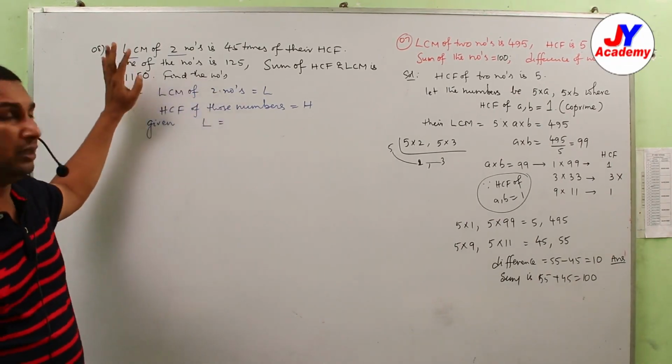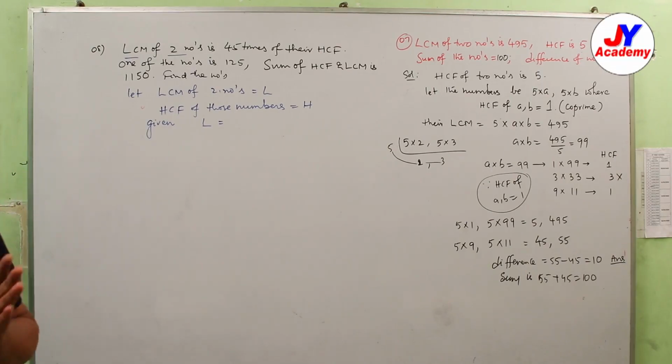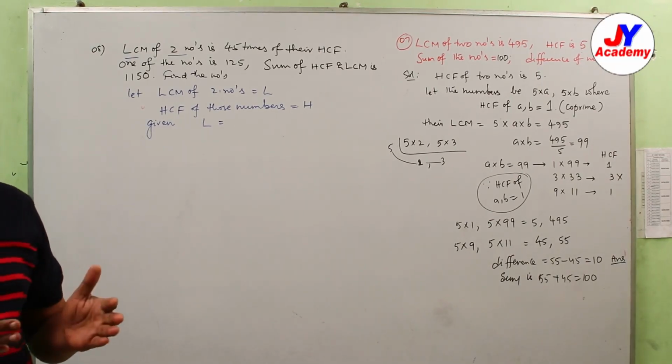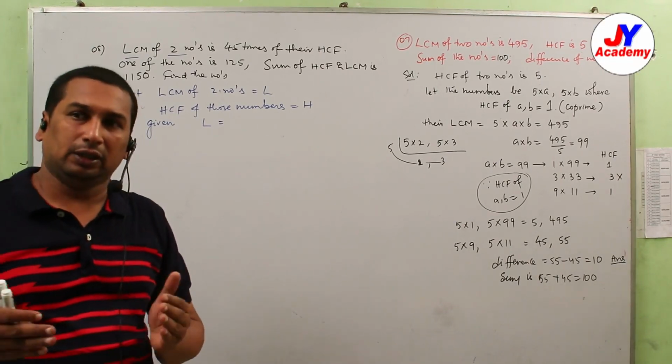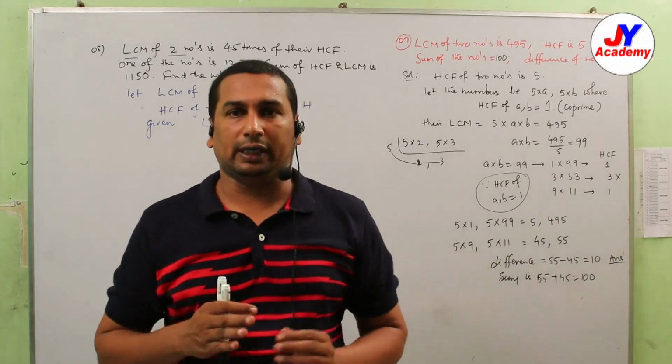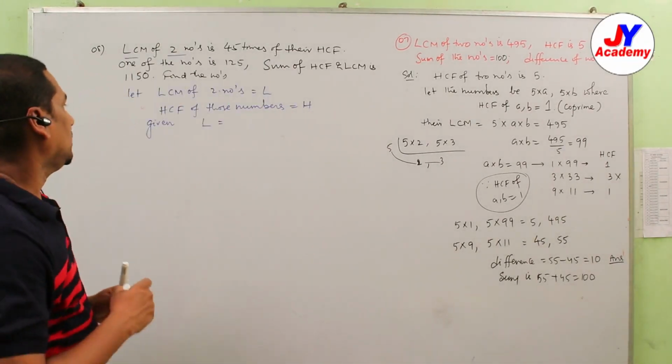For every question there are 3 parts. First, what is given? Second, what is to be found? And third, how we can bridge the given data to the data to be found.